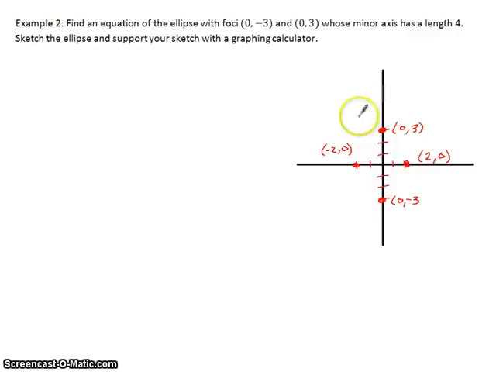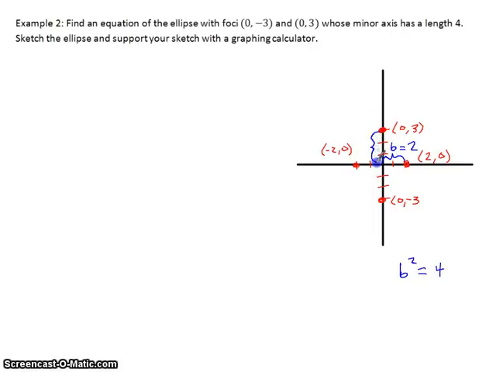We know that the minor axis gives us the B value. So this distance here gives us a B value that's equal to 2, which means that B squared is equal to 4. We also know the C value.